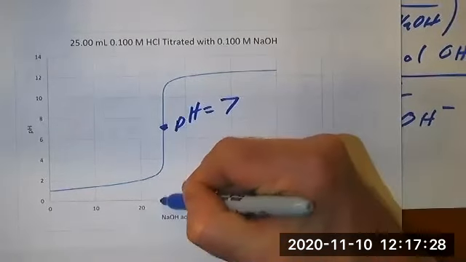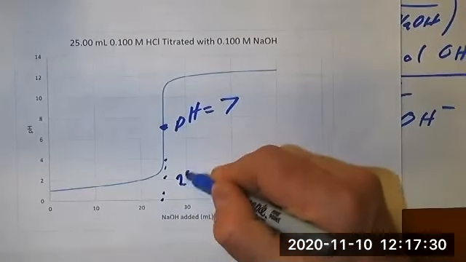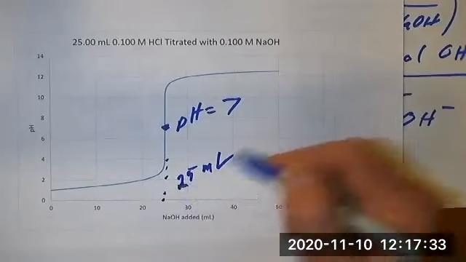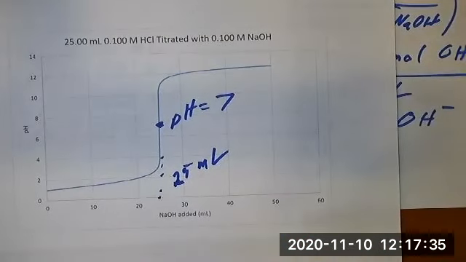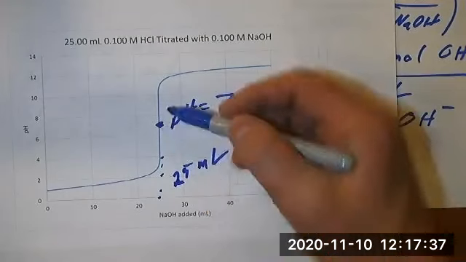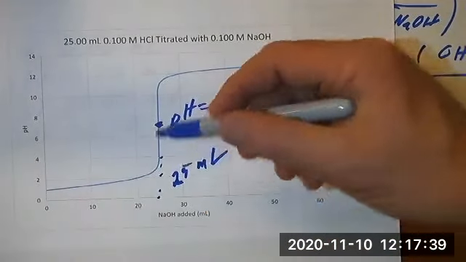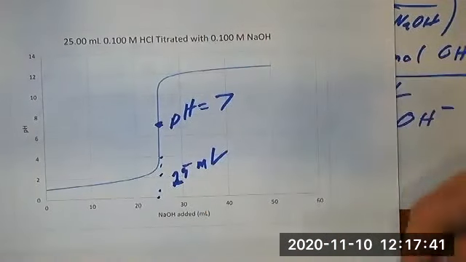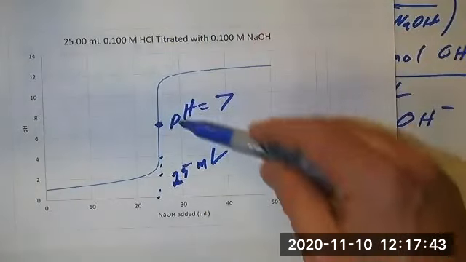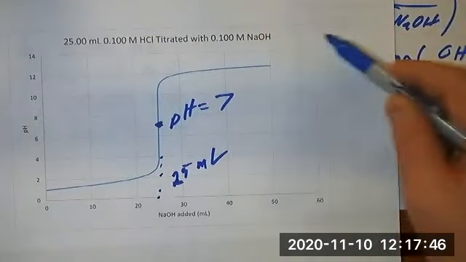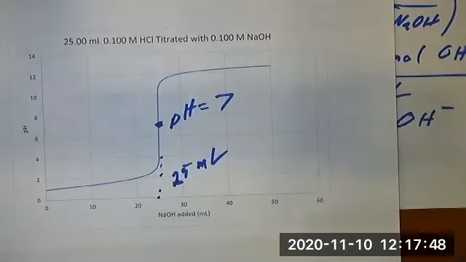It's happening at 25 milliliters of added NaOH. And right around that point, the pH is changing very dramatically, very quickly. And then once it's done changing, you end up with a flattening out again. This is the general shape of a strong acid, strong base titration curve.